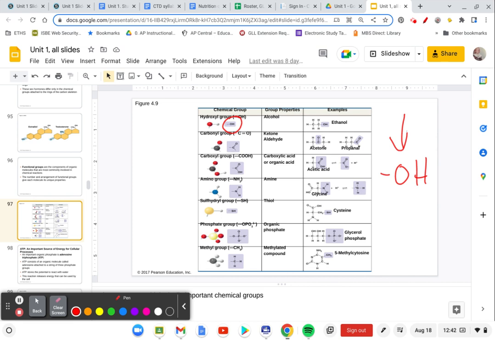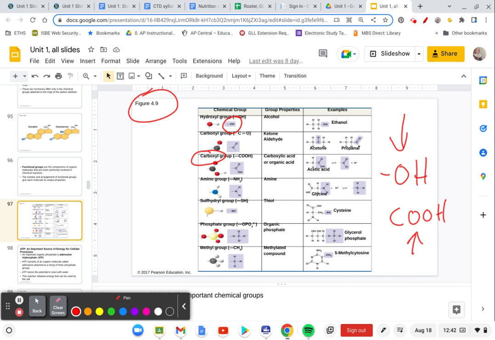Or if I give you COOH, saying, yeah, that's carboxyl, okay? It's a matching quiz. Once you have these groups down that are on this diagram located in figure 4.9 in your textbook, chapter 4, you should take that functional group quiz.